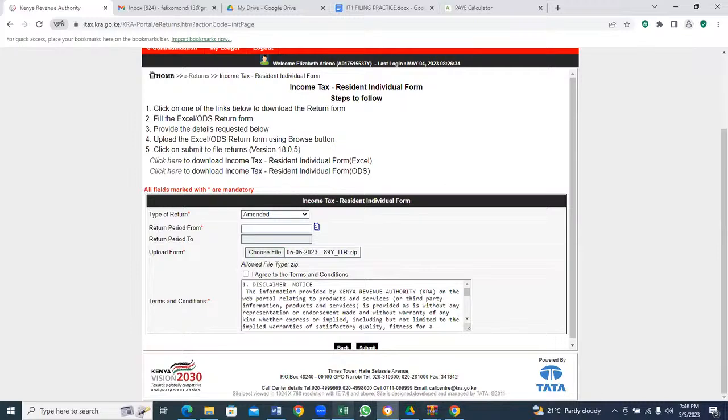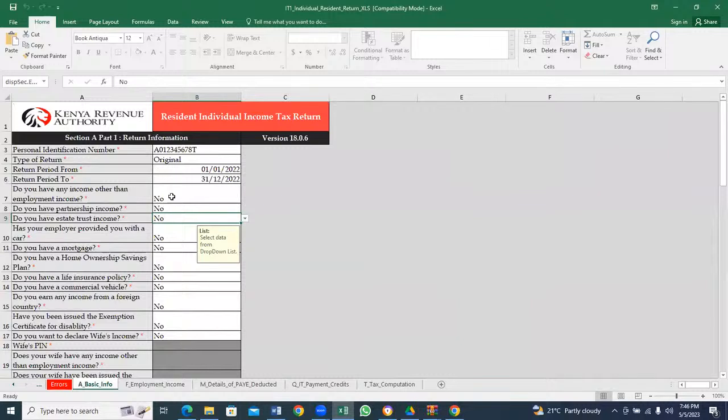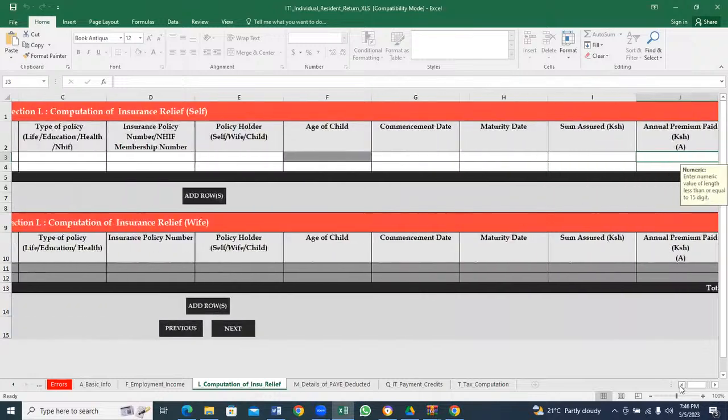Now, the only other thing that is left here for this taxpayer ni kama alikuwa analipa NHIF. So if he was paying NHIF, you will come here to life insurance policy. Say yes. Then come and give the details of that NHIF.